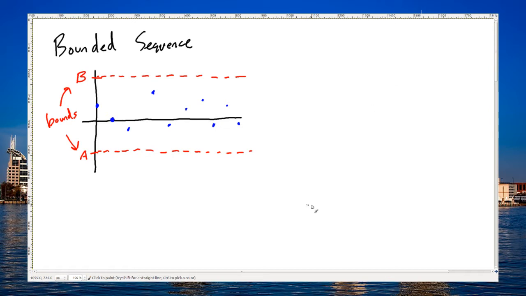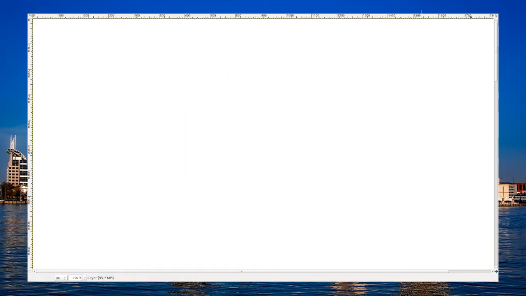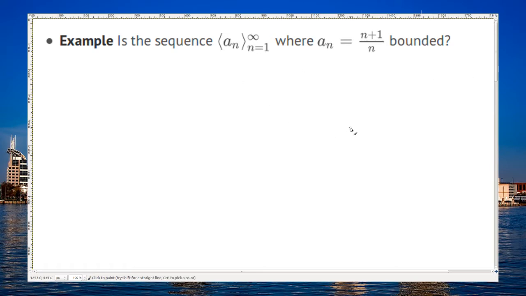Okay, let's take a look at some examples where we need to identify if a sequence is bounded or not. So here we have a sequence a sub n, where a sub n is equal to (n plus 1) over n, and we need to know whether it's bounded or not. In order to prove that a sequence is bounded, we just need to identify its bounds. So here's what I can do.